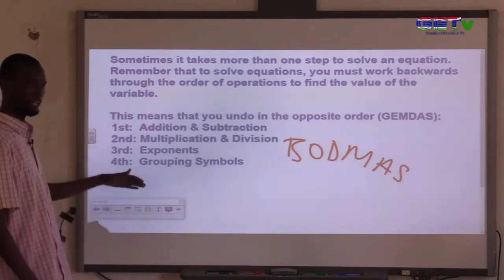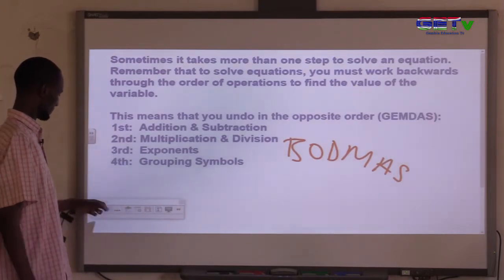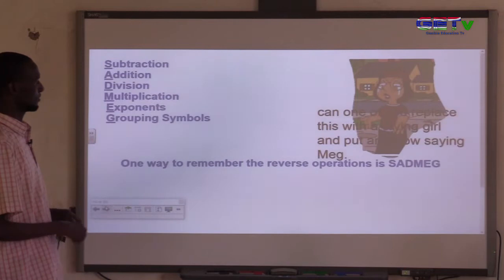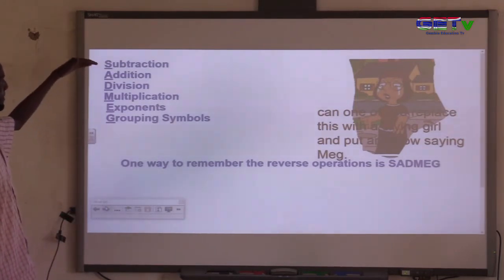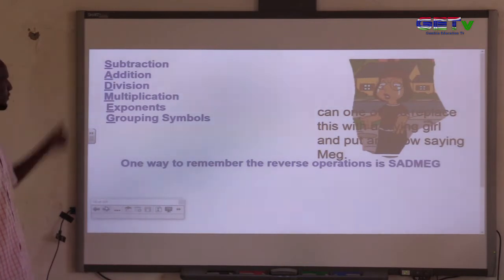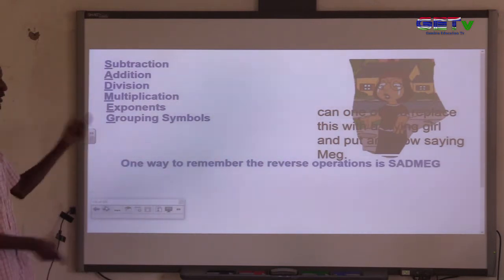So that is the order we use when solving equations. This should be a quick reminder for you: subtraction, addition, division, multiplication, exponents, and then grouping symbols. That is the order you follow, reversing BODMAS.